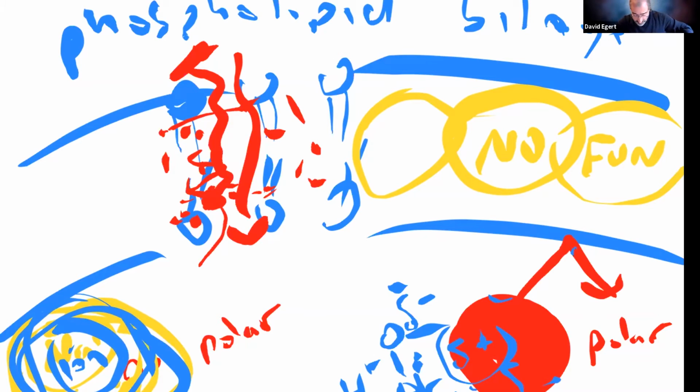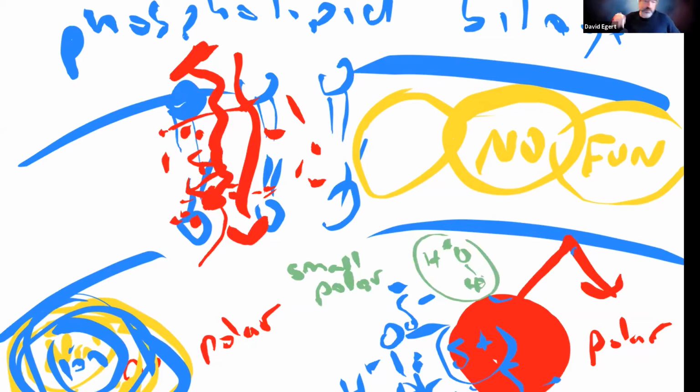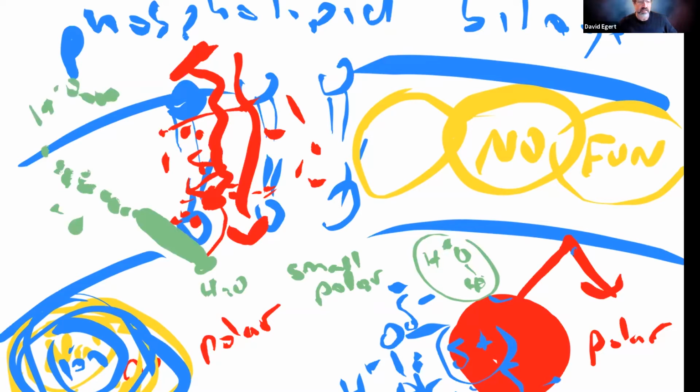The other things that can cross, we said, were very small polar molecules, like H2O. H2O is polar, but it's so small that it's zipping around, going super fast. And it's like, whoa, I wasn't supposed to be in here, but before it even knows what happened, it's on the other side, like a bullet got shot through, right?